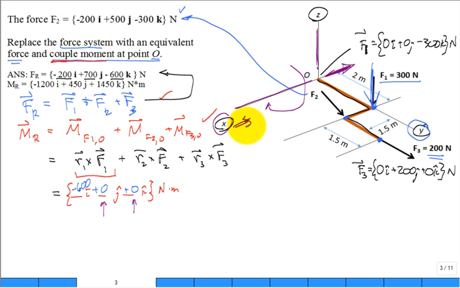So two ways of getting that negative sign on the 600. And how did we get the 600? It's the magnitude of that force times that perpendicular distance of 2 meters. Is that the way you did it? Yeah, pretty fast that way.